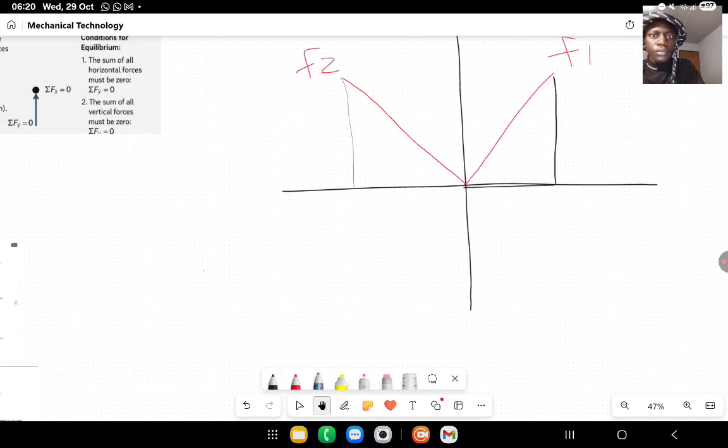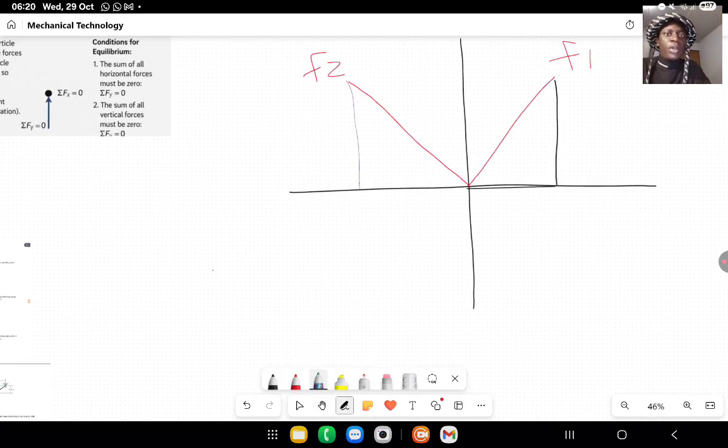Okay, this is component number one. We can call this F1x i. Here is not x, it's F1y j.